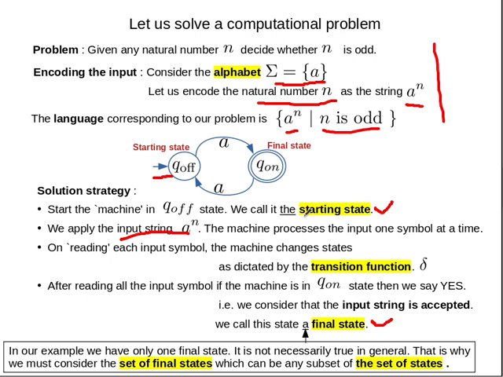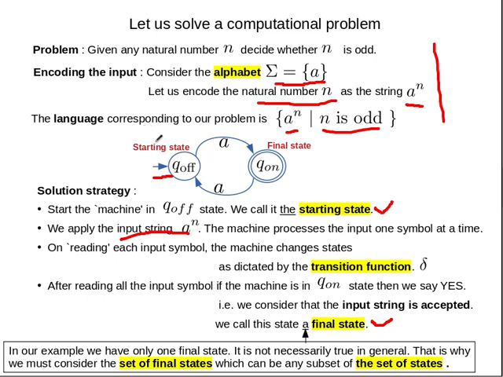Now I have deliberately used a starting state and a final state. That is because this is a very specific example of a DFA. We haven't even touched upon the formal definition yet. We will reach there. But when we talk about some general DFA, we always start from some fixed state, and that will be the starting state.